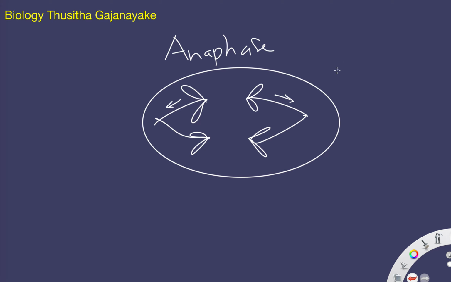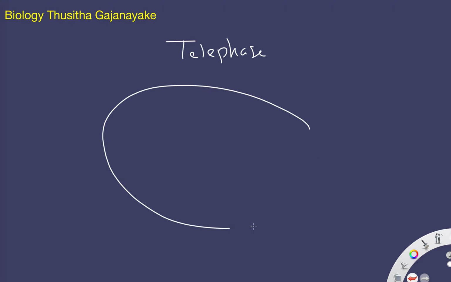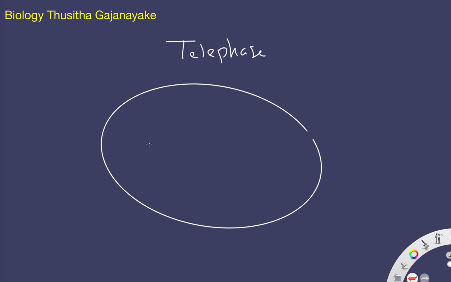When the anaphase is completing, that means they are going more and more towards the poles, we come to the telophase. Now in telophase, again the visible, condensed chromosomes start to get a little bit loosened, and then we can't see the real structure of a chromosome.